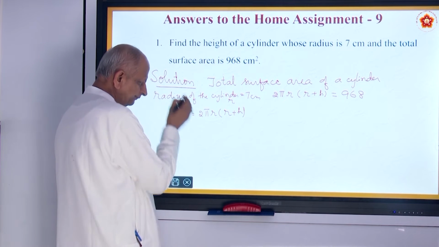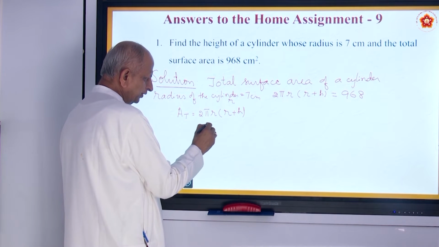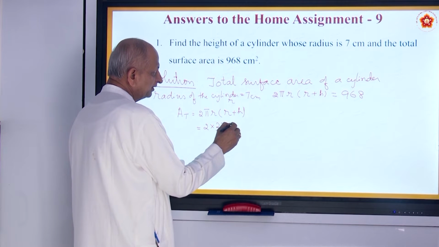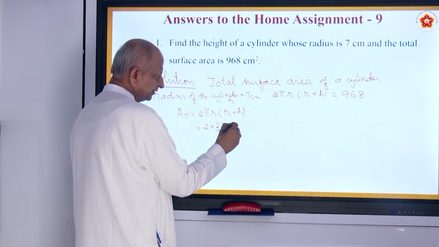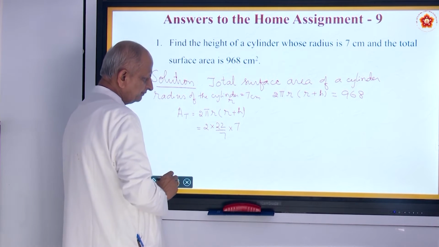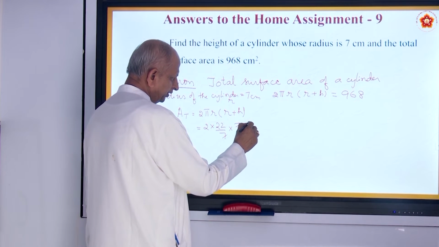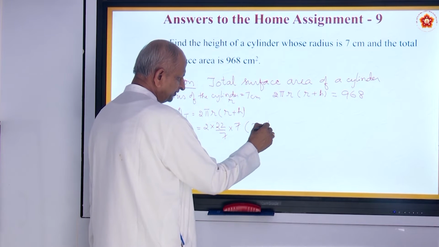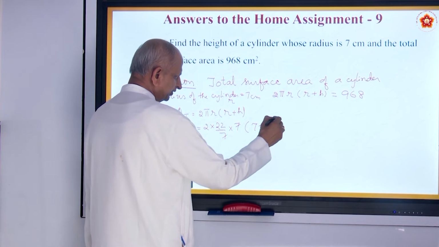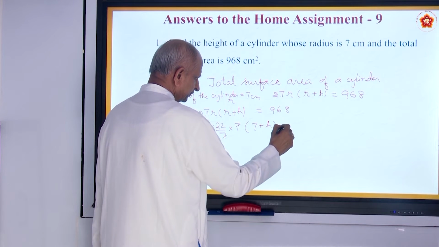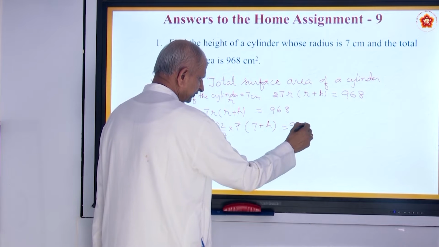In this formula, 2 into pi into r is given. How much? Come on, 7. So 7 cancels. Into r is 7 plus h. That is given to be equal to how much? 968. So this is equal to 968.